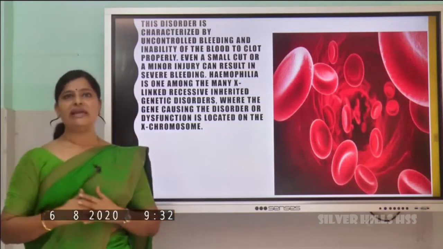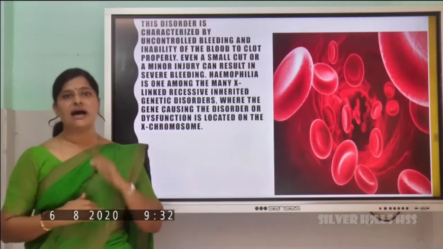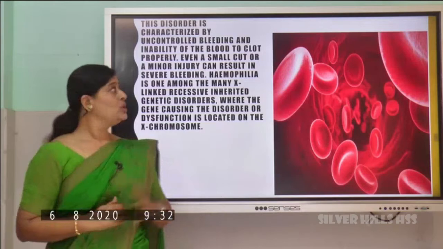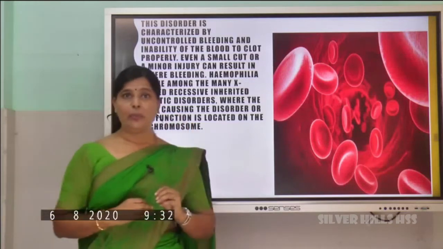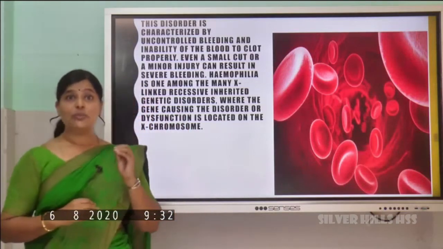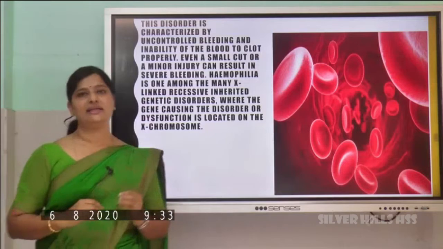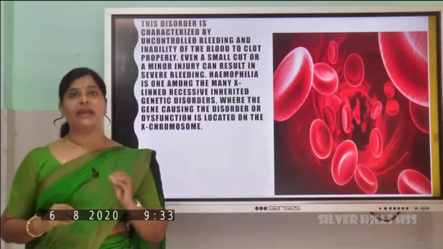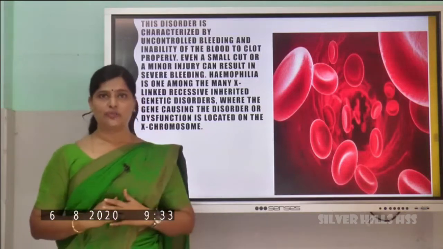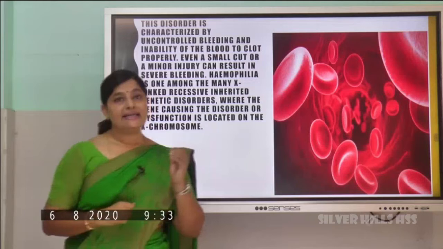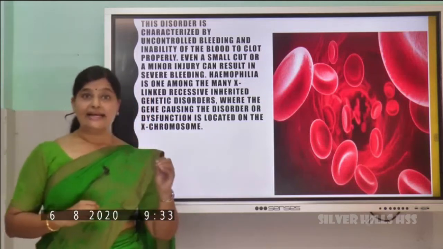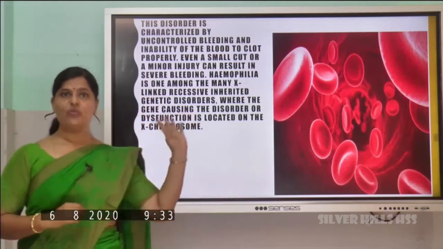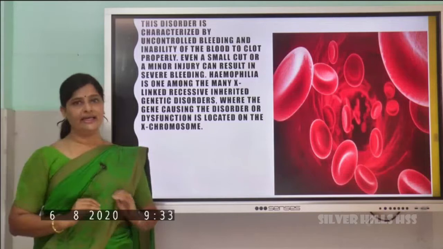In females, these sex chromosomes are X and X. So this defective gene which has to make the blood clotting factor is located on the X chromosome. So we can say that hemophilia is a sex-linked disease.